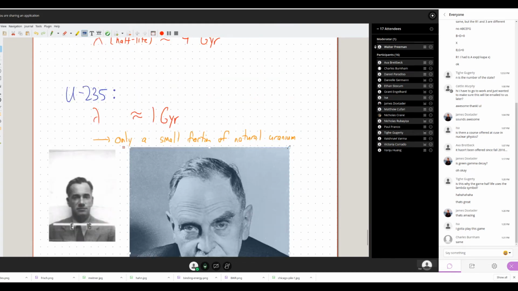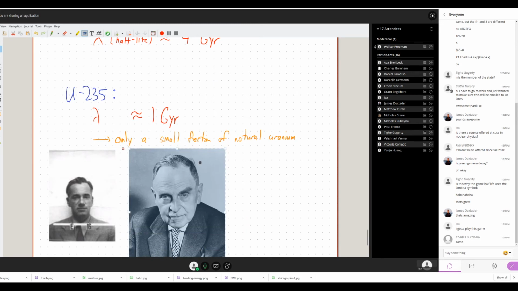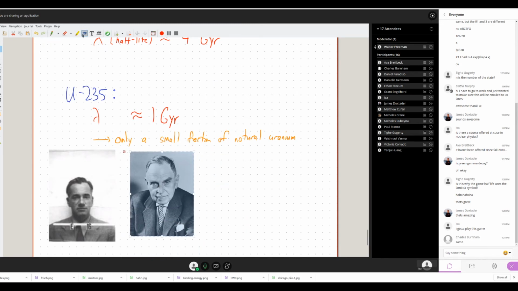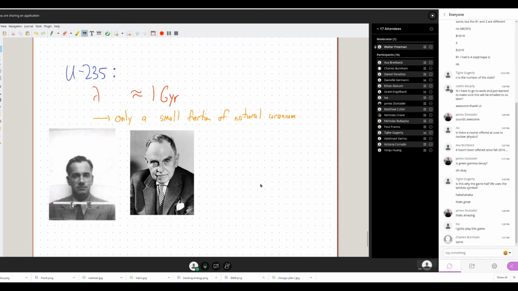This guy is Otto Hahn, and Strassmann, I believe, was the third. I don't have his picture. They were doing something unusual. They were playing around with these radioactive elements, and they noticed something very strange. They noticed much lighter elements appearing.